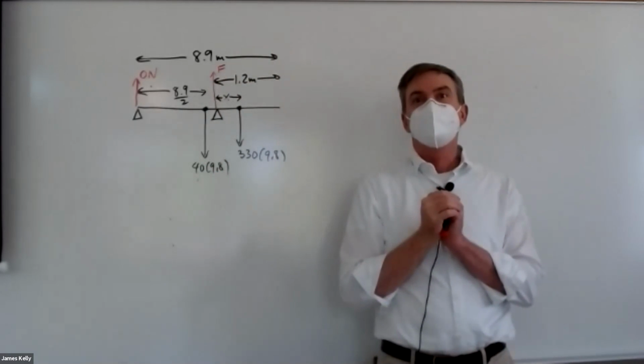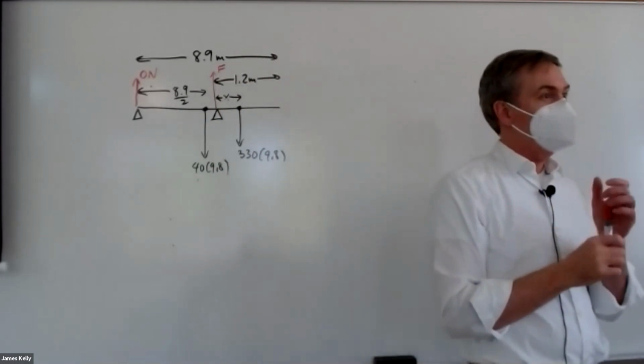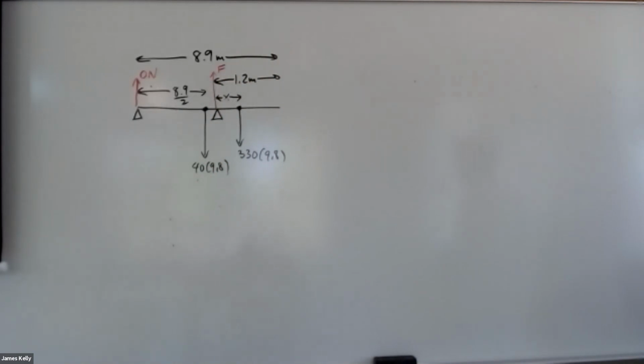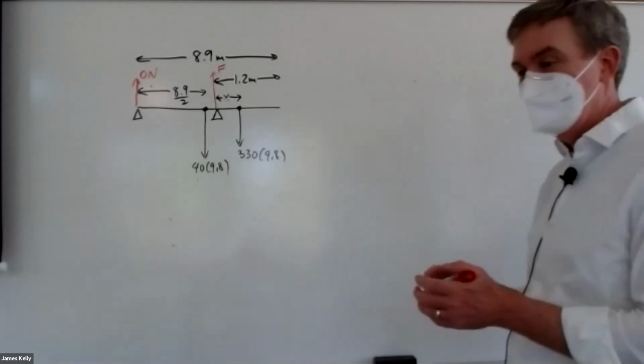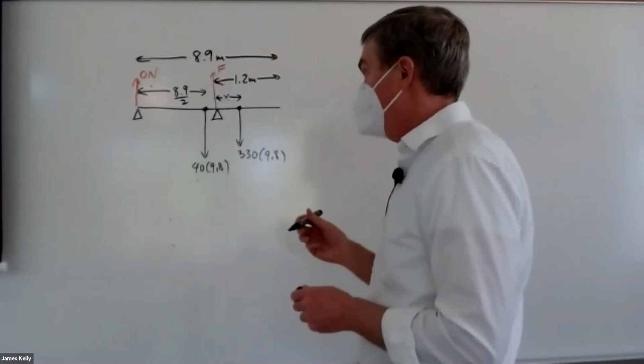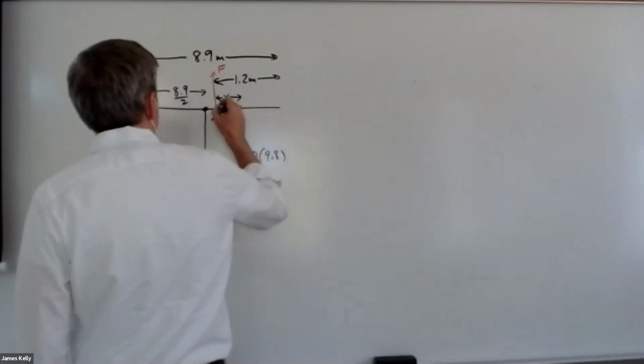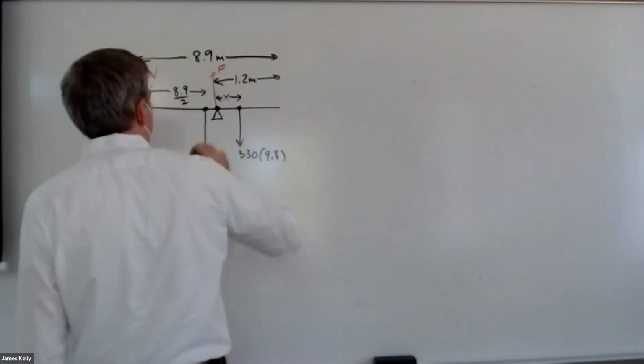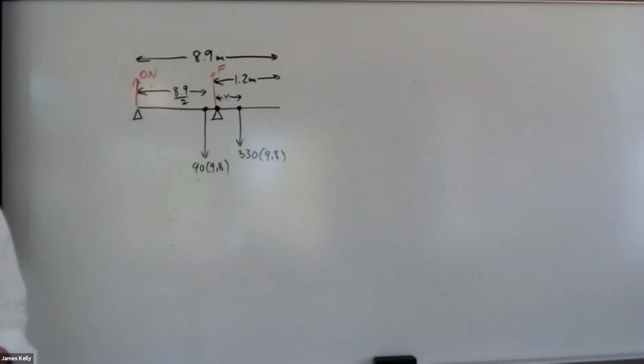No. So there's an easy way to get rid of F, at least in the torque equation, and that's by putting my axis at the location where F is being applied, so that it has a 0 moment arm. So in this case, because I don't want to know F, it's not going to come into my torque equation, and my hope is that maybe I can get X just from the torque equation. I don't have to bother with the sum of the force X and sum of the force Y.